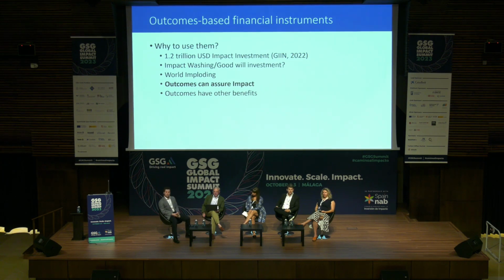And there is also impact washing and goodwill impact. It's not the same, but in the end, both of them are not achieving impact. And outcomes are a light in this world, because an outcome project, if it's well done, can equal impact, and that's a lot.